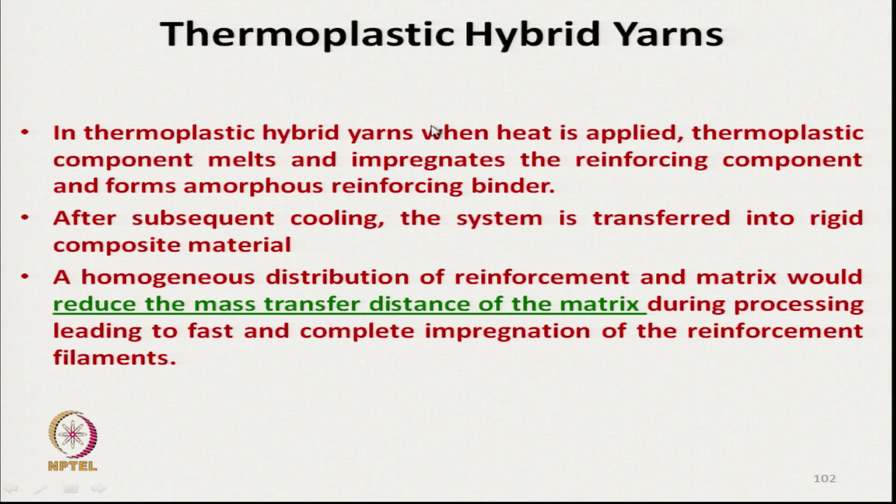When heat is applied, the thermoplastic components melt and impregnate the reinforcing component, and if partially melted, they form an amorphous reinforcing binder. In this case, the flexibility is still maintained, which helps in formation of textile preform, textile structure. After subsequent cooling, the system is transformed into rigid composite material.